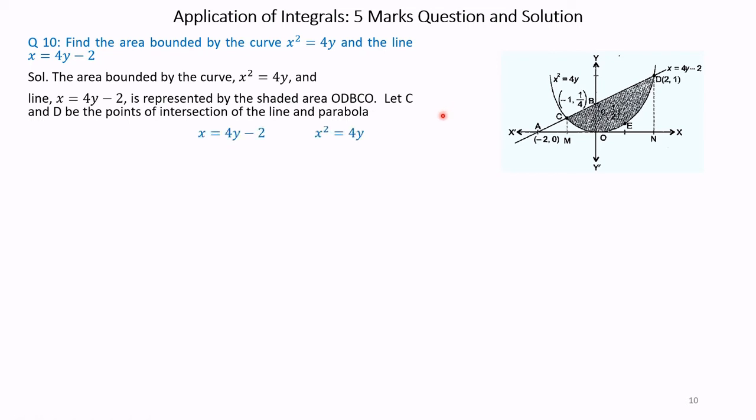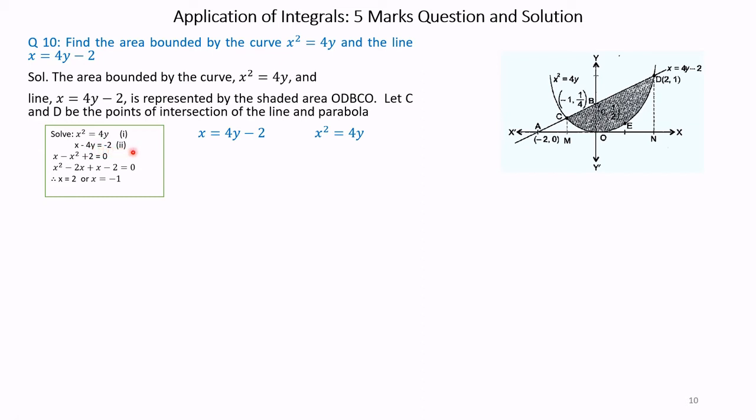Therefore, we will copy down the two given equations, that is, the equation of the straight line x is equal to 4y minus 2, and the equation of the parabola x square is equal to 4y. First, to find the intersection between the straight line and the parabola, we will solve these two equations. x square is equal to 4y, and rearranging, x minus 4y is equal to minus 2.